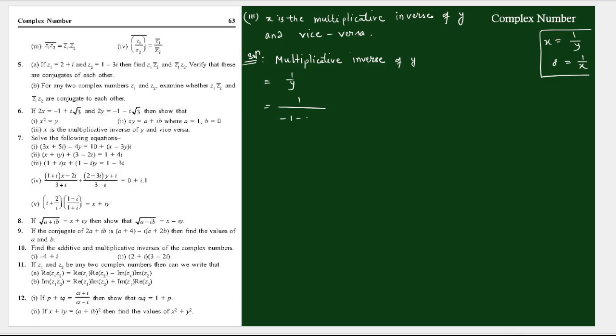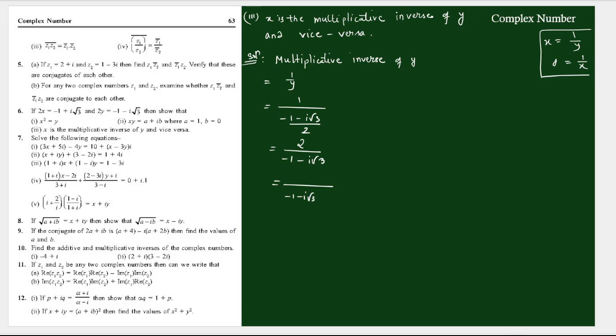Minus i root 3 by 2, right? So now this 2 goes up. So minus root 3. Okay, so we have to multiply by its conjugate, right? Yes. Minus, wait, not like this.